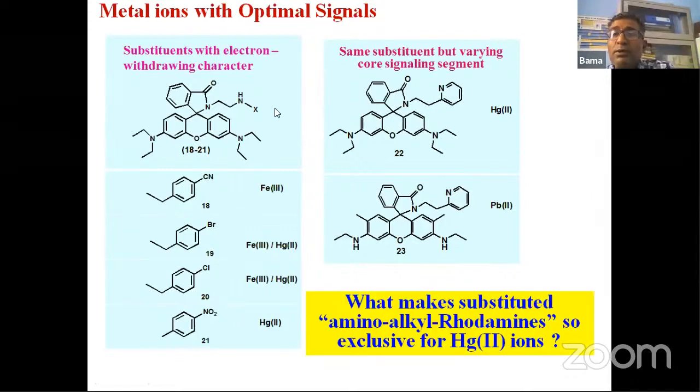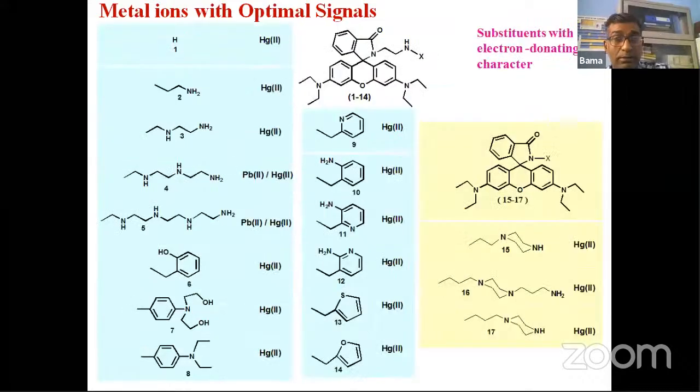So this shows what makes this kind of molecule selective towards mercury or iron. One is a d10 system, one is a d5 system. So for that, we carried out all these experiments to understand what makes this kind of molecule exclusive for mercury ion.